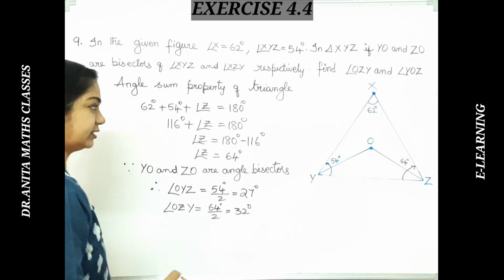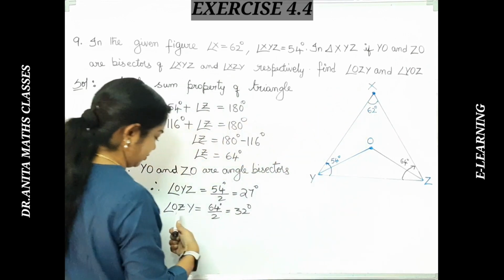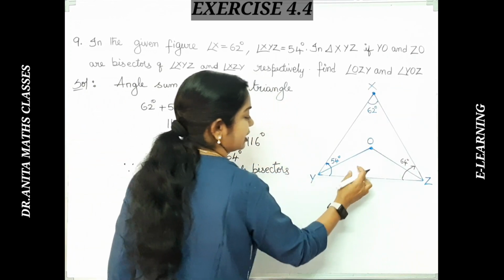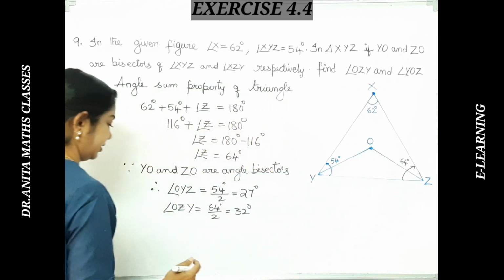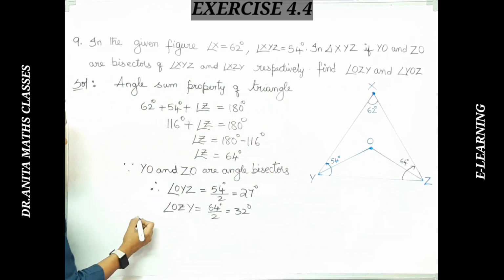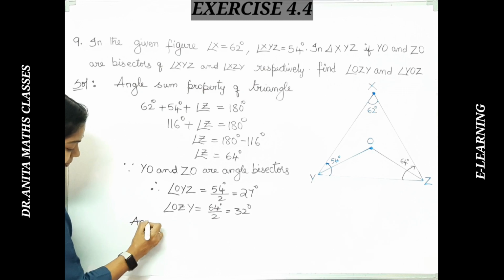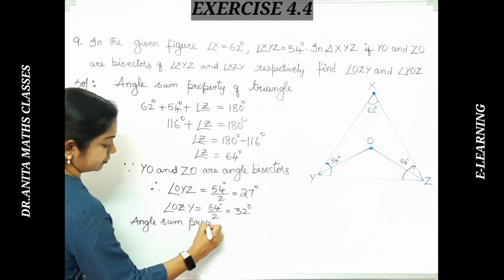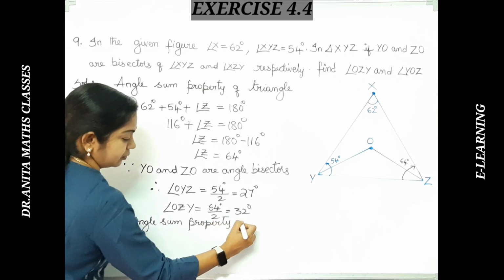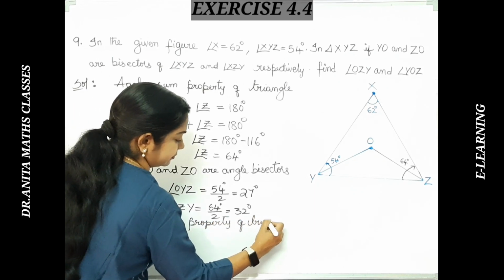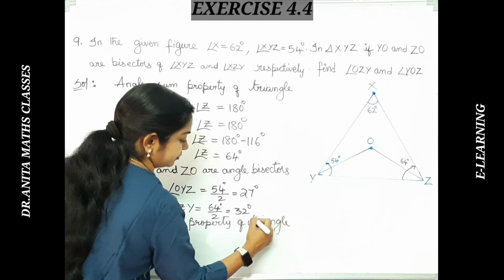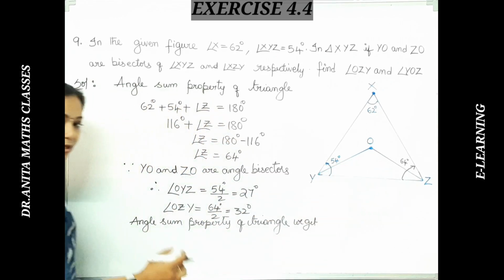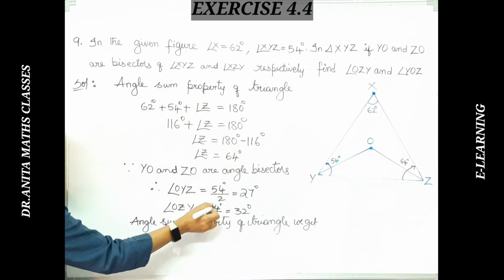But here angle OZY is found, and angle YOZ, this angle, is asked. If you see this smaller triangle, according to the angle sum property of a triangle, these three angles equal 180. Therefore we know two angles.